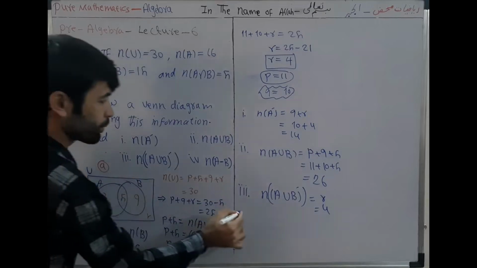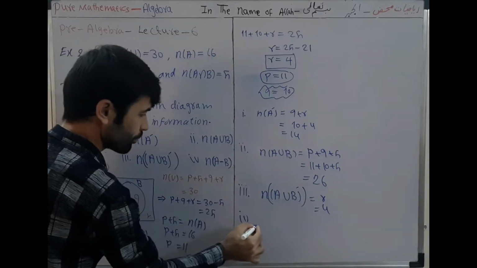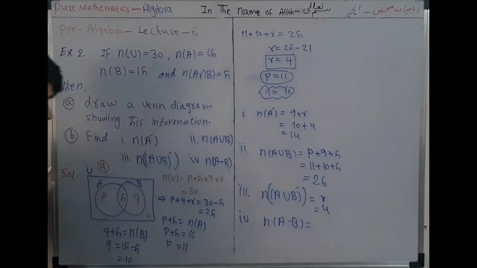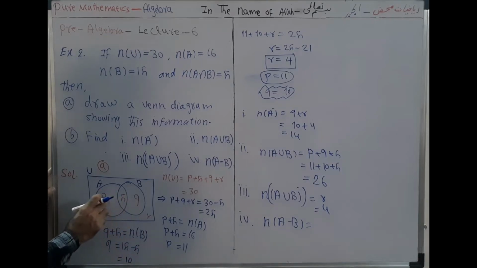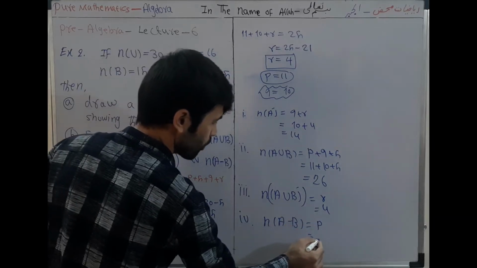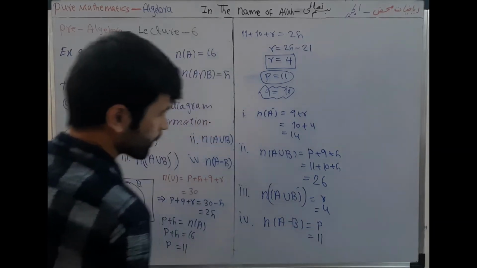Number 4, n of A minus B, the difference of A and B, is equal to P. P is 11.